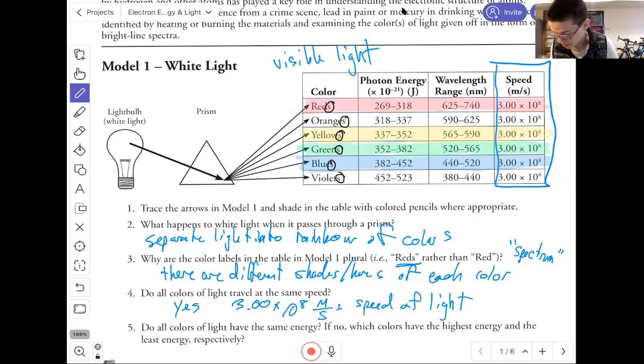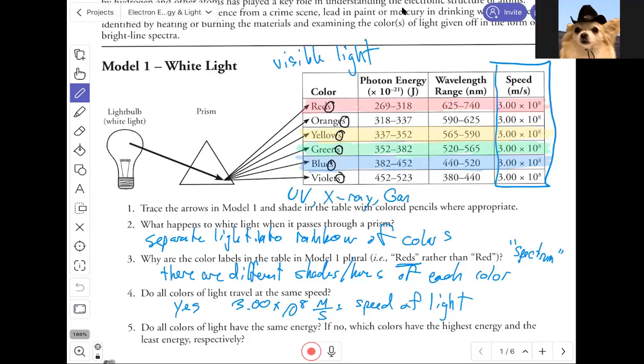Like, do you know what is right beyond violet? Ultraviolet. So right beyond violet, you would have ultraviolet. And then after that, you would have X-ray, gamma ray.